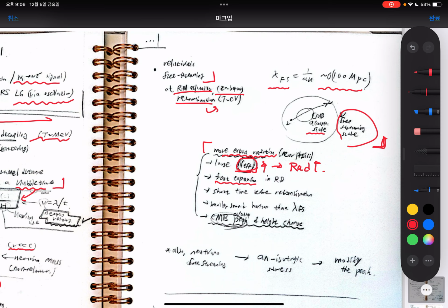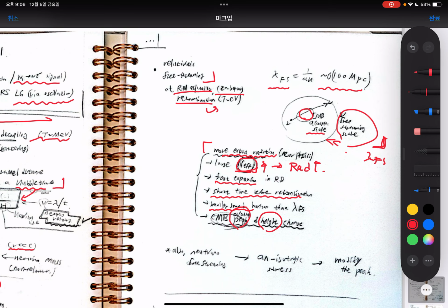This means that before recombination, the time period becomes shorter. So the sound horizon becomes smaller than the neutrino free streaming length compared to the standard scenario, and eventually this affects the CMB acoustic peak height.